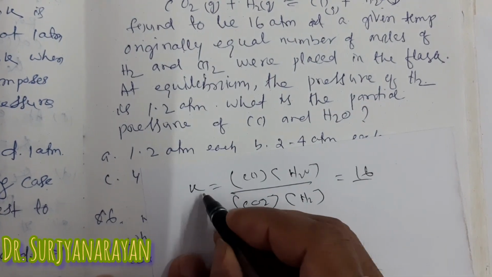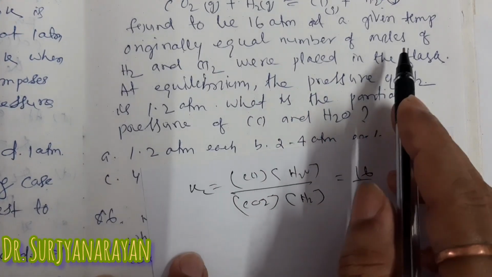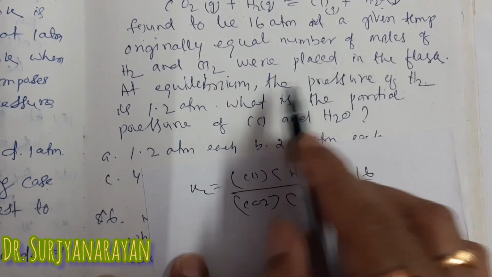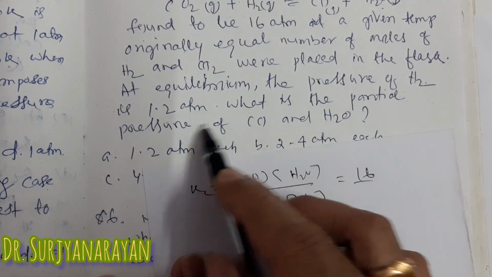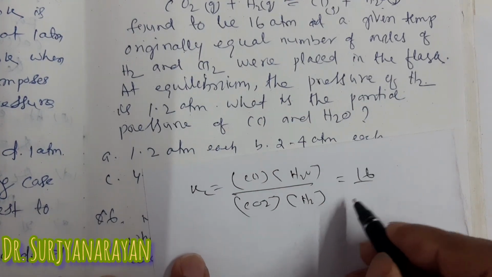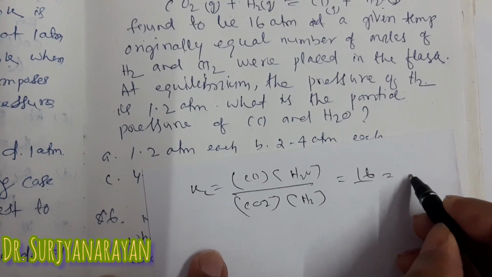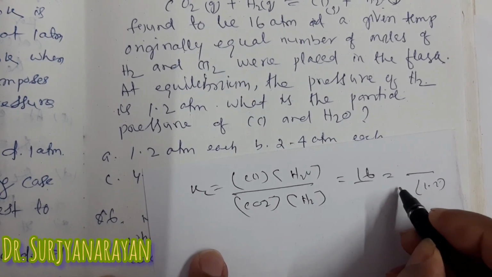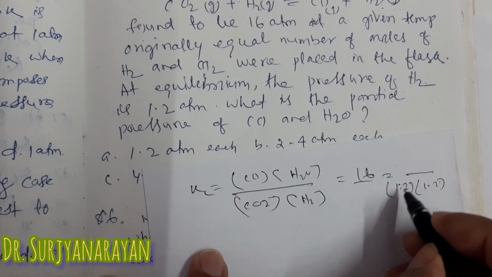The original equal moles were placed in the flask. At equilibrium, the pressure of H2 is 1.2. This is also 1.2.